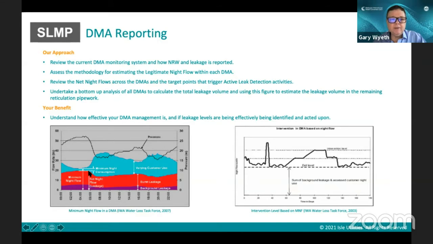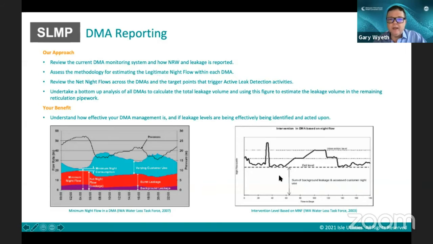And by looking at this net night flow, we can actually determine which DMAs have got higher net night flow, and thus which ones have got higher leakage levels. And that then enables us to identify which DMAs we need to go in and do active leak detection.